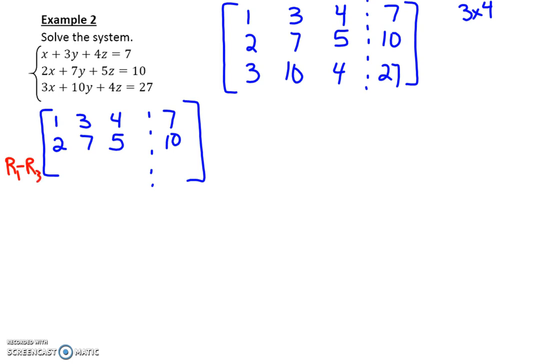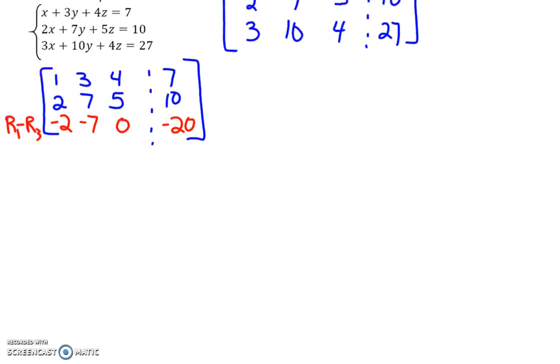So if we look at our original matrix, we have 1 minus 3, which is -2. We have 3 minus 10, which is -7. 4 minus 4 is 0. And 7 minus 27 is -20. So that's the change that I made there.